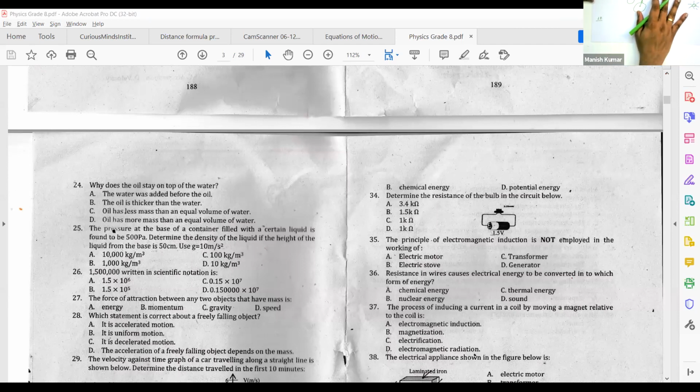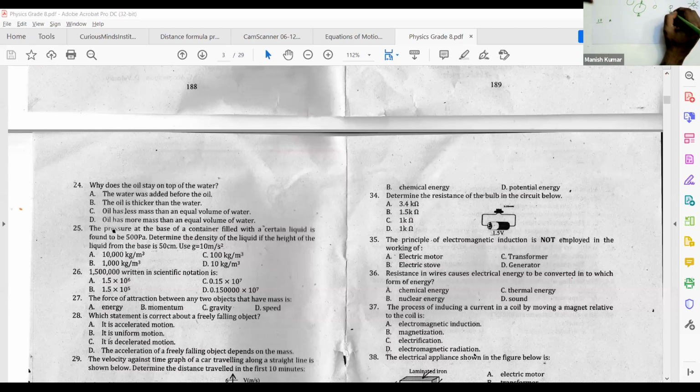Okay, 28th question. For a freely falling object, is it an accelerated motion? Do you think a freely falling object is accelerated? It is a uniformly accelerated motion. Perfect way to put it.